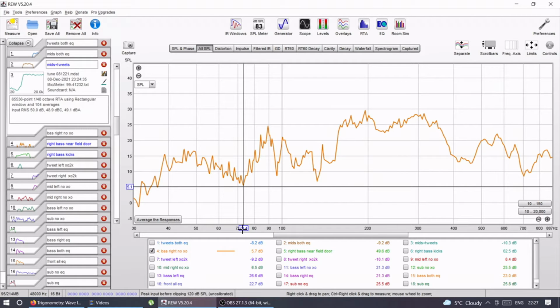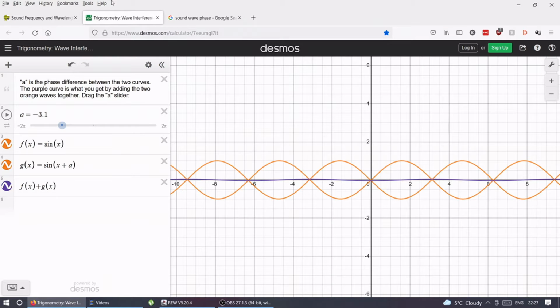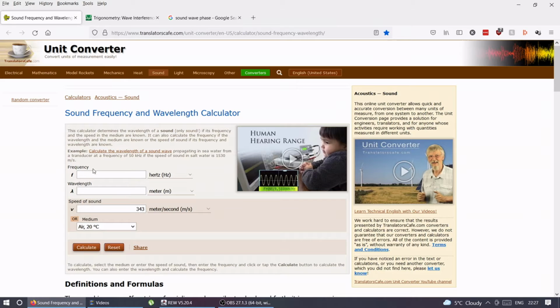If I take this frequency, 73.4, let's say 73 hertz, and I'm gonna go here, 73 hertz, I'll calculate. It tells me that the length of the sound wave is 4.7 meters at 73 hertz.